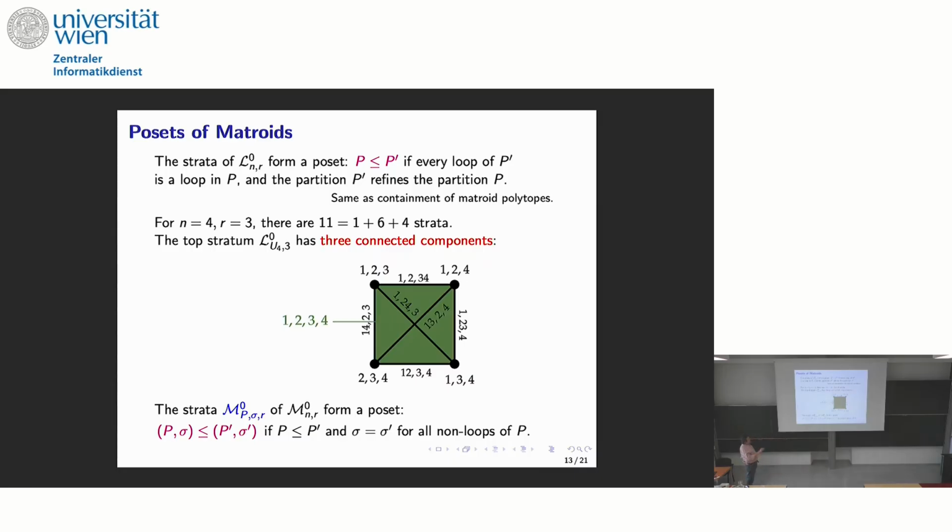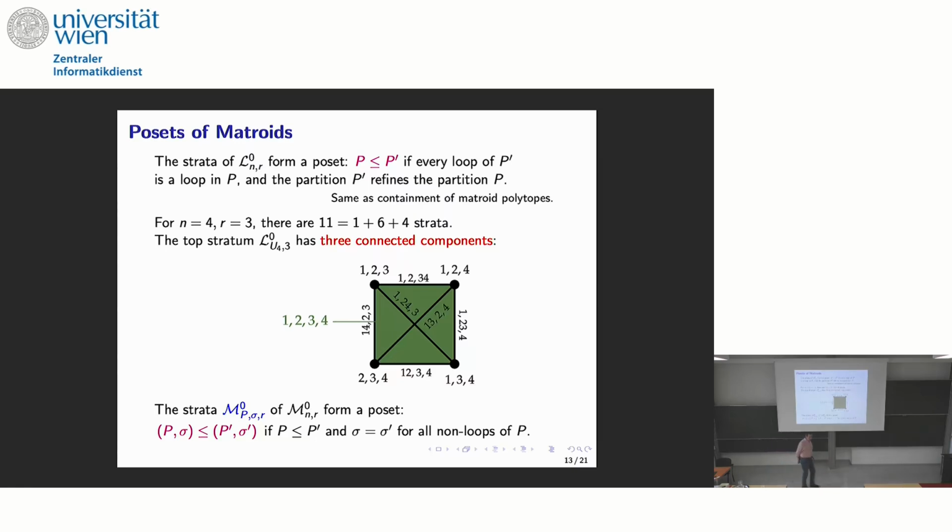Now, we can extend this definition of poset of matroids to signed matroids. So I'm going to say a signed matroid P sigma is less or equal to another signed matroid P prime sigma prime if P is less than P prime as a matroid, and on the non-loops the signs agree. Very natural way of extending.